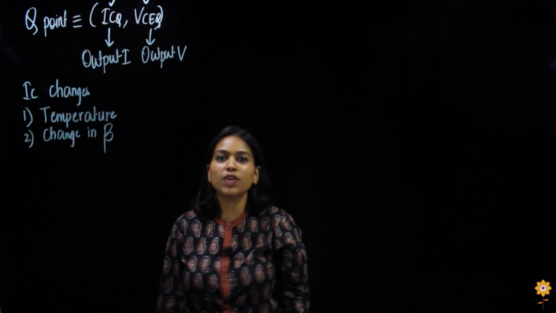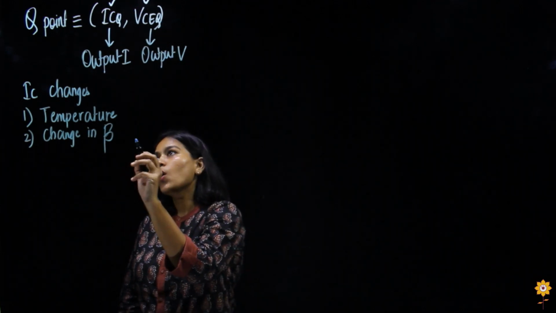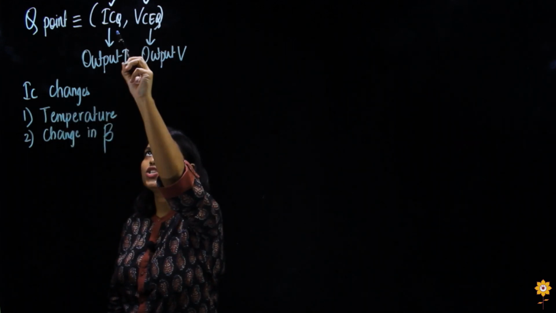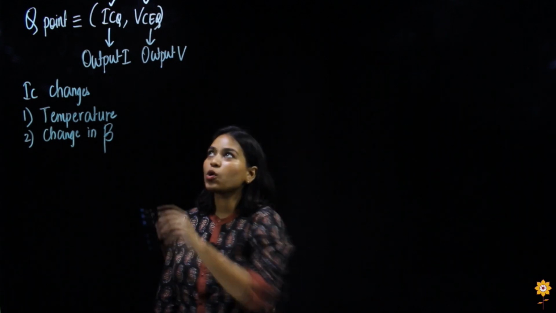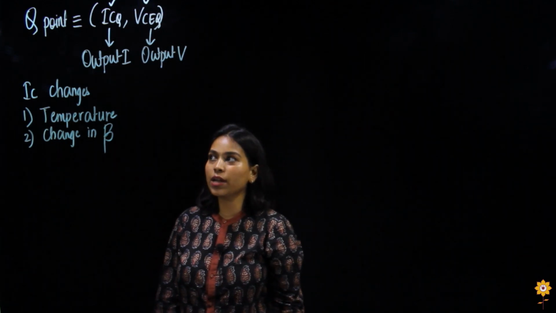Beta is the amplification factor. So if these two parameters change, automatically IC changes, and if the value of IC changes, automatically the Q point changes because IC is one of the coordinates of the Q point or operating point.